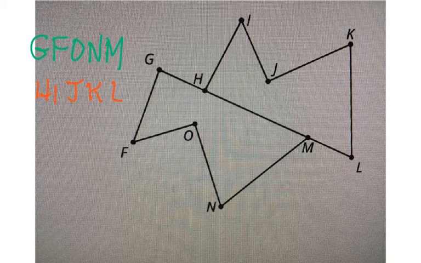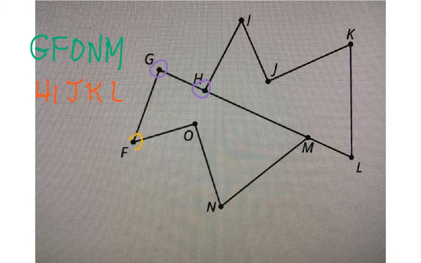Notice what I did. I lined up all the figures, and I can highlight them. I'm going to make G and H the same color. I'm going to line up F and I, so I'll make that yellow.